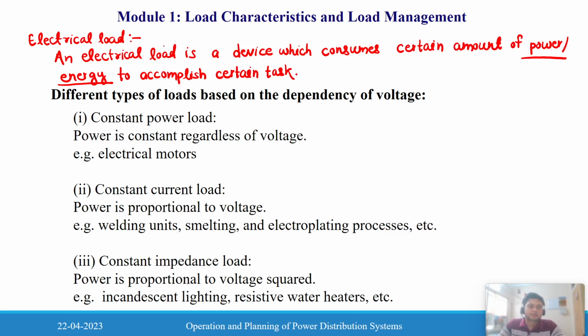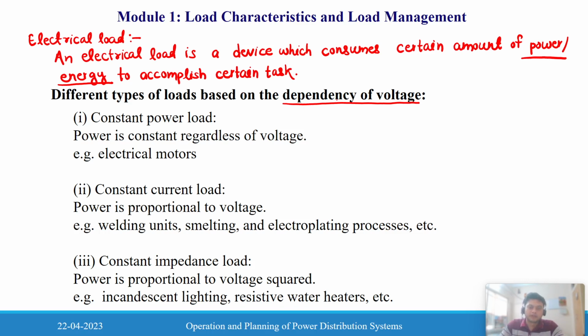Based on the dependency of voltage, we can divide the loads into three different types. First is constant power load, in which power is constant regardless of voltage; it does not depend on the voltage level. Second is constant current load, in which power is proportional to voltage. Third is constant impedance load, in which power is proportional to voltage squared.